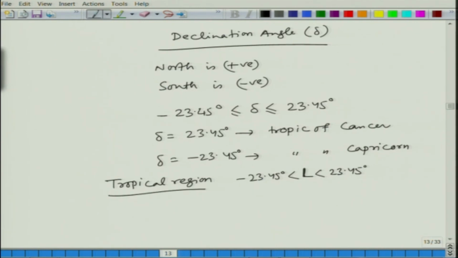So, tropical region means what? At least on a single day of the year, the sun will radiate normally to that particular location.